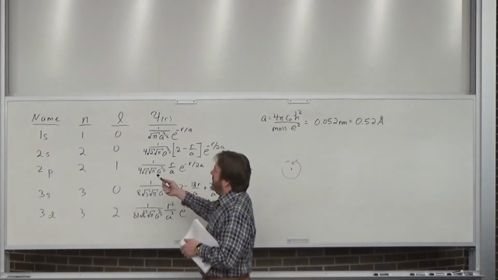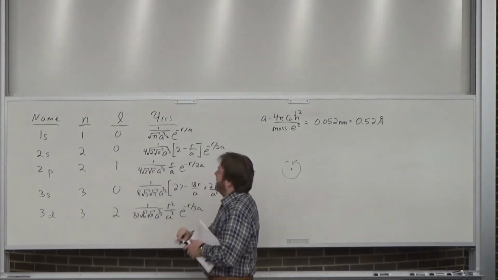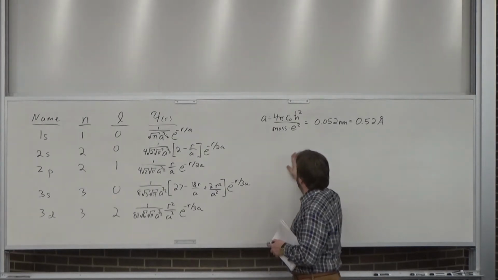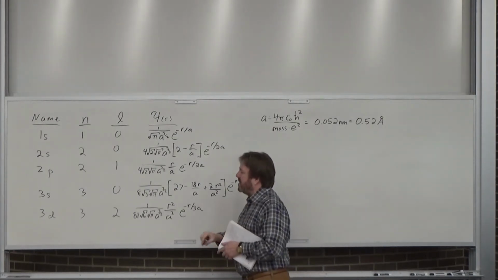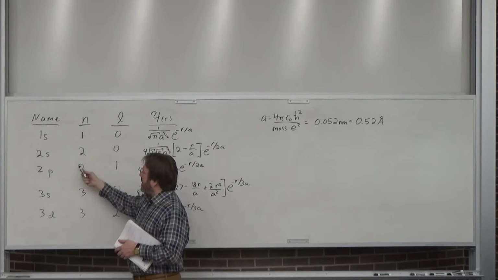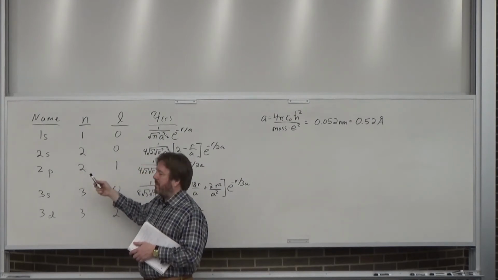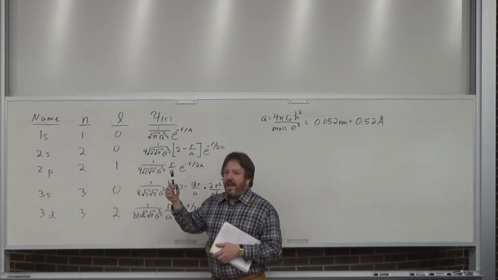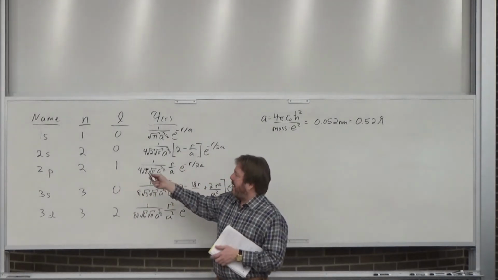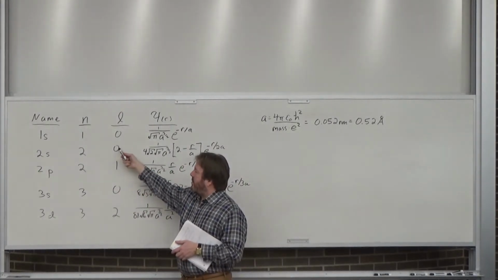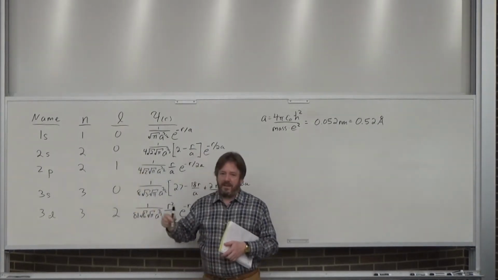Now, the 2s state is an excited state, and when it comes to solving for the second quantum number, the mathematicians can say, I can find a solution if L is 0 and if L is 1.